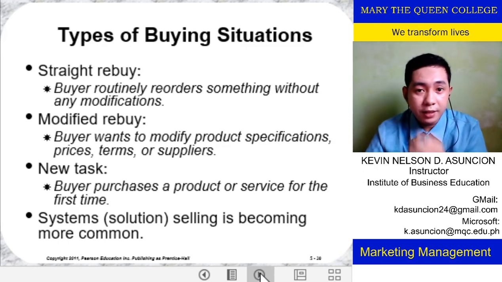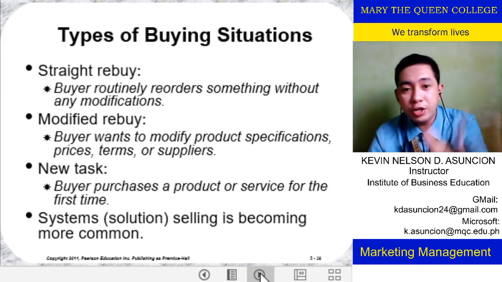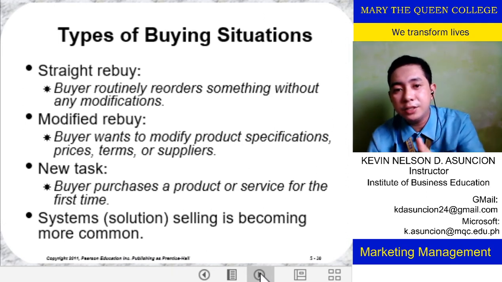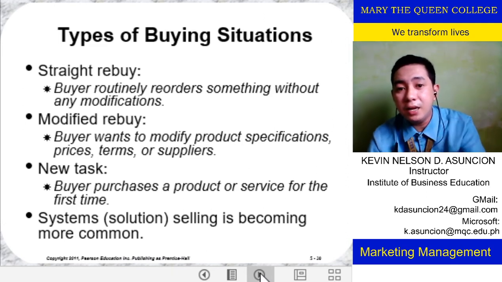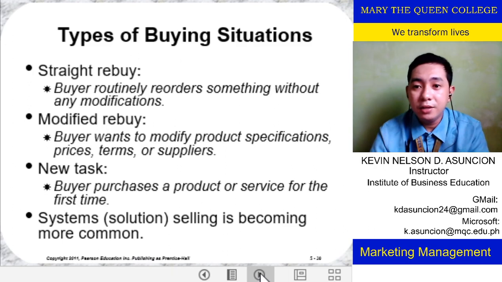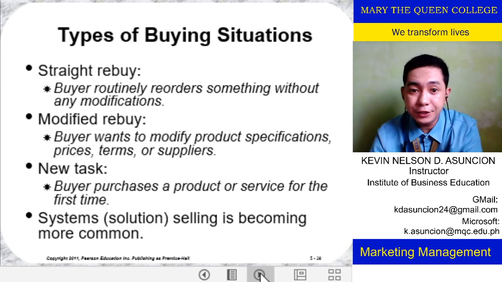There are different buying situations. Straight rebuy, because routinely you reorder, no? Bibili ka na lang ulit, na-satisfy ka. Pero ang modified rebuy, of course it's conditional. Kung bibili sila pero conditional, pwedeng mabawasan, tumaas, o merong konting ibang mga specifications, no?